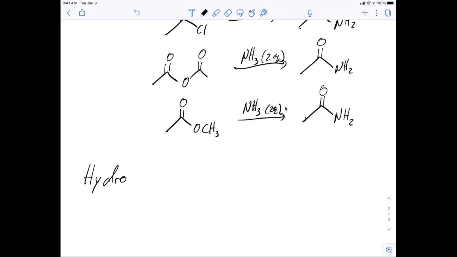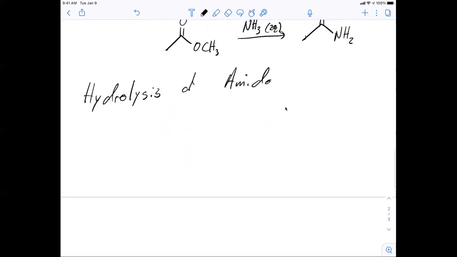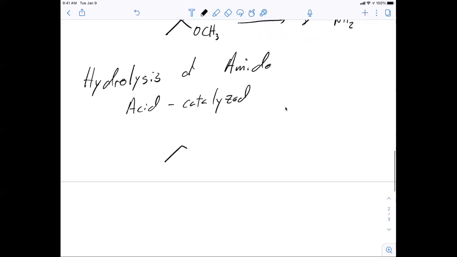The hydrolysis of amides, like with esters, we have both the acid catalyzed and the base promoted. With the acid catalyzed, we have the amide, and now we're going to add heat to this.